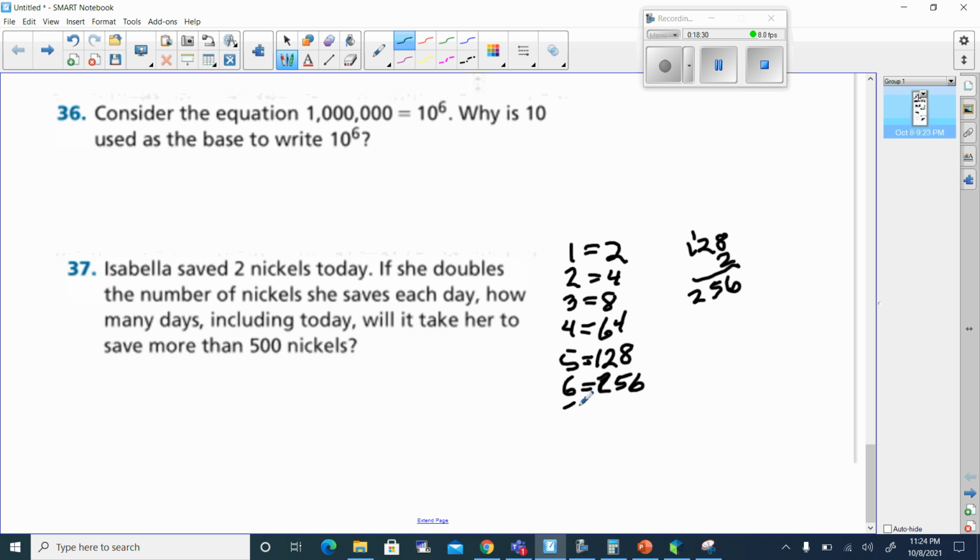And then on day 7, we're doubling it, right? So 256 plus 256. I could multiply it by 2, but I just decided to do it this way. 6 plus 6 is 12. Carry the 1. 5 plus 5 is 10 plus 1 makes 11. Carry the 1, that's 512 nickels.